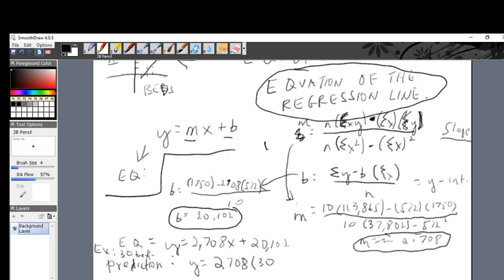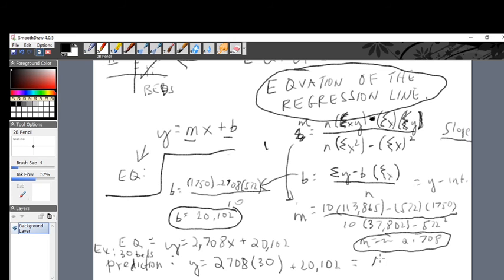How much personnel would they have? You just plug it in, and whatever you get for Y will be the number of personnel it's going to require. You'll get something on the order of 196.12.